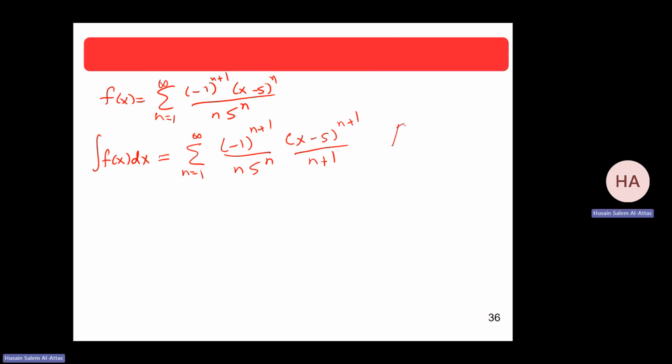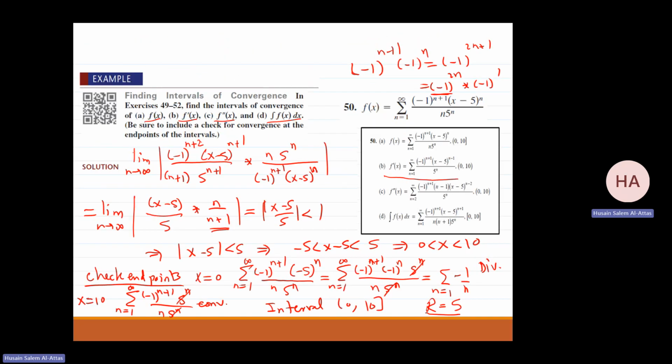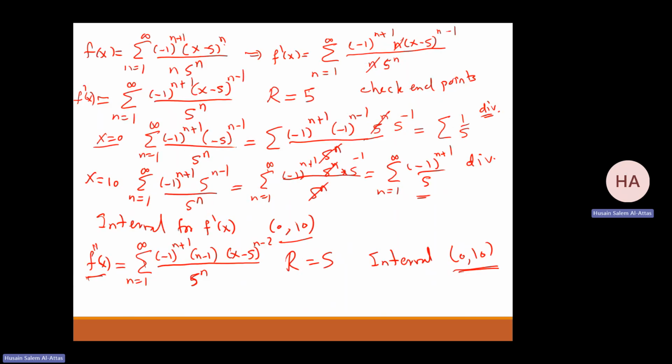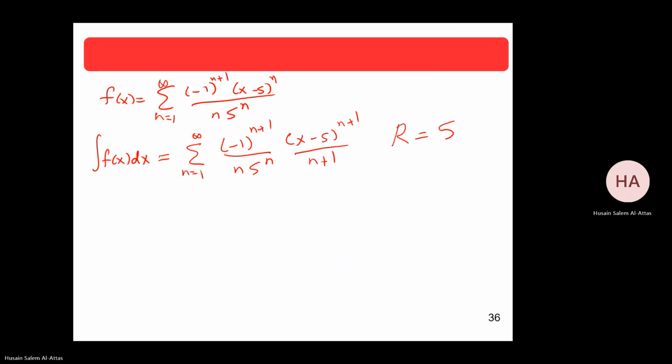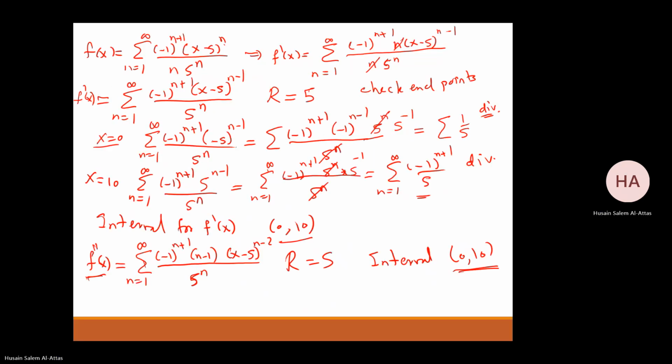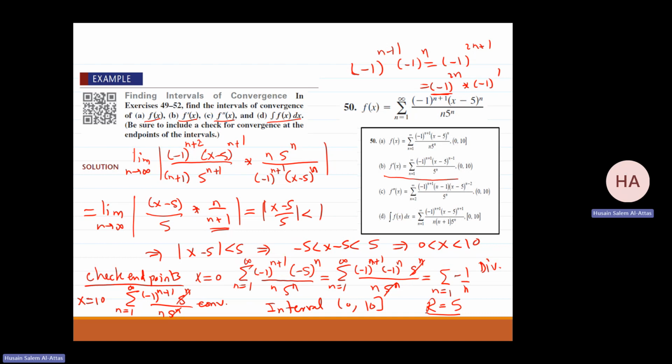What will be R? R will be 5. R will be the same. R will not change, either you take the derivative or the integral. But what may change? The interval. So now I'll check whether the integration keeps the same interval, or may add endpoints.